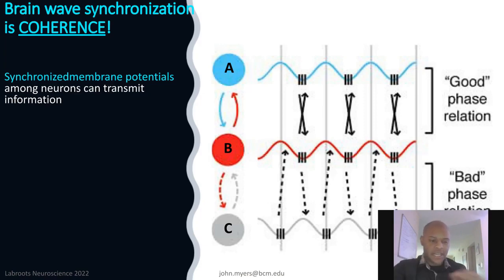And when they're synchronized at the same frequency, it is theorized that they can convey information more easily across one another. B and C, for example, have a bad phase relationship where the peak of one wave corresponds to another wave's trough. And so in theory, these waves don't communicate with each other as well, right? So if they are coming from two different brain regions or two different populations of cells, they'll communicate less strongly than A and B will.